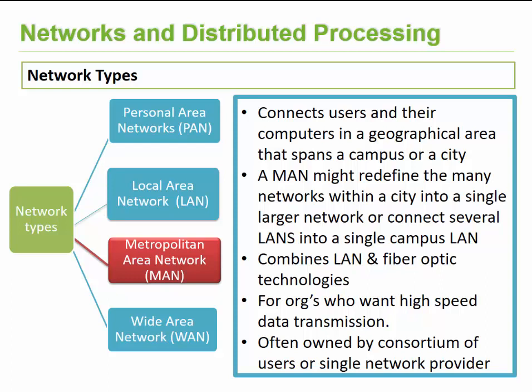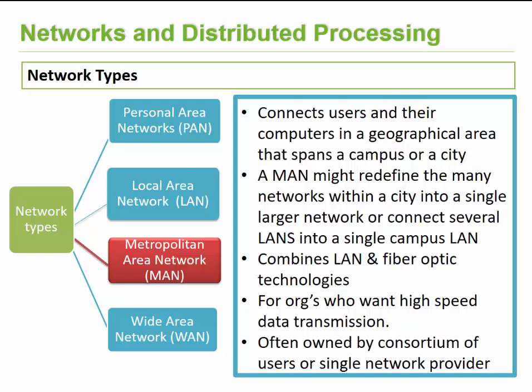So let's say for argument's sake we've got a city like Joburg or Cape Town, and we create a municipality network where all the districts, all the municipalities are actually linked to that major metropole. It combines technologies or smaller networks such as LAN and fiber optic technologies. And it's typically when organizations want high-speed data transmissions, or where you have a consortium of users or network providers that want to set up a network.